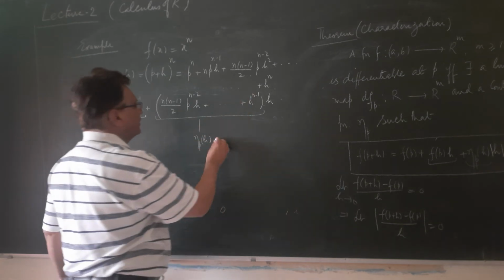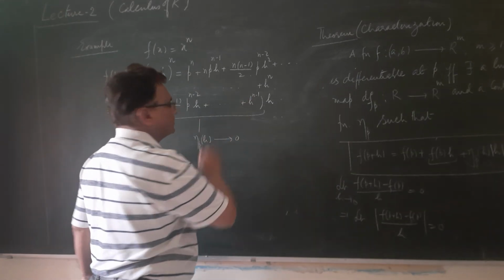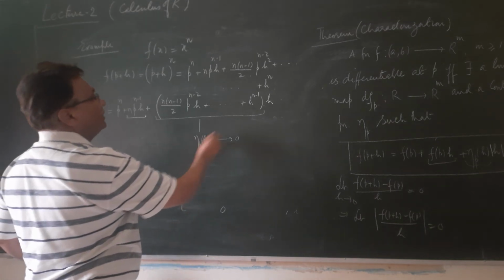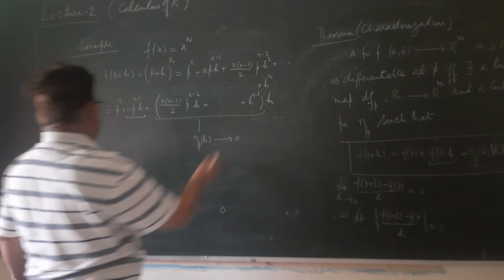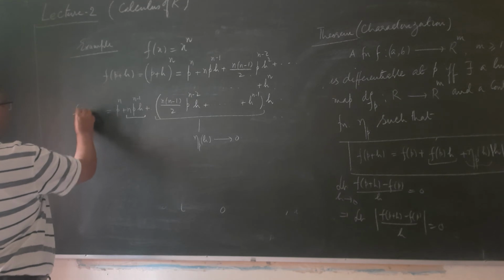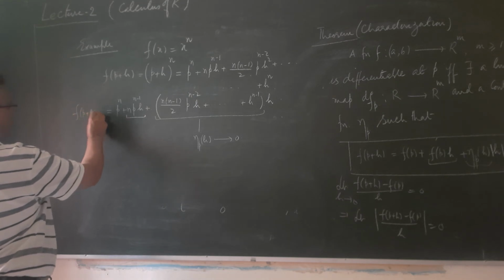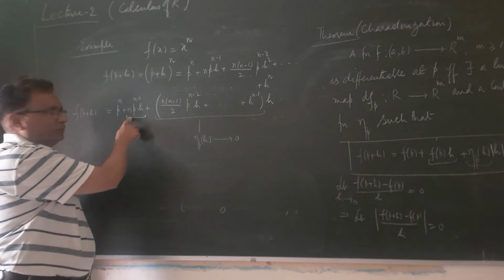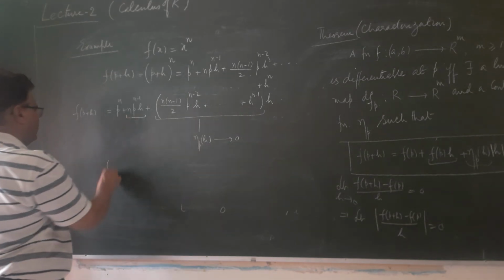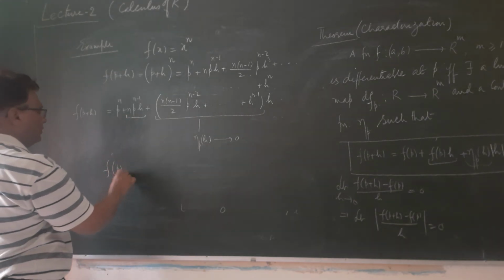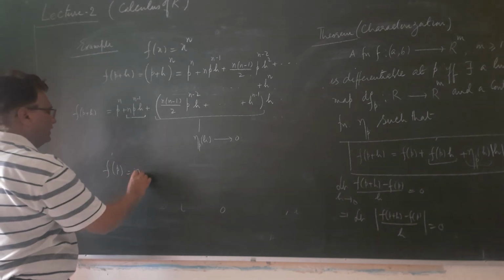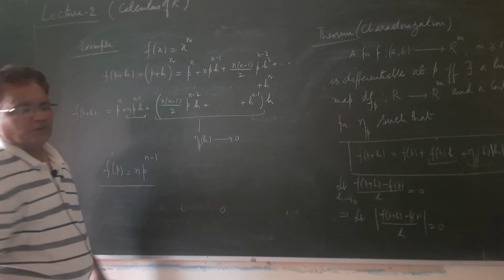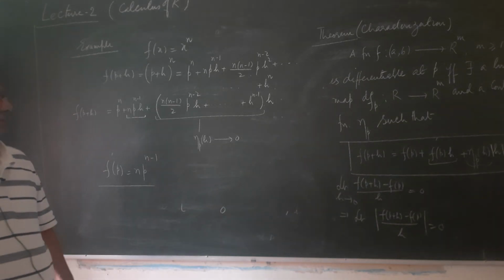So this becomes eta p multiplied by h, and therefore f of p plus h is expressed in this manner, and there is a linear term also. So the derivative f'(p) must be equal to n into p to the power n minus 1, which we already know. Yes, that is the derivative.